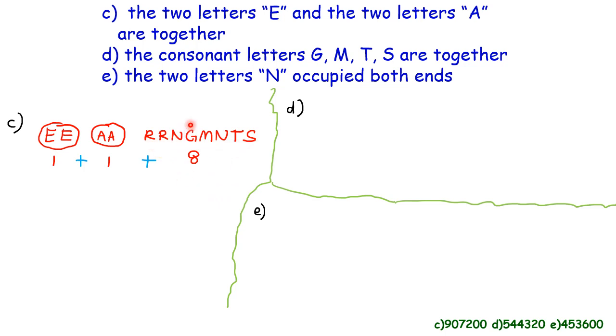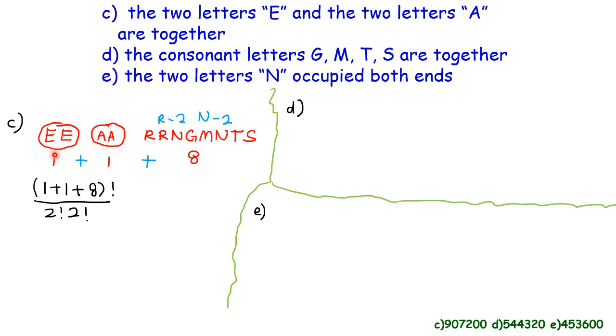From these 8 letters, we still have 2 similar R's and N's. So it means the total arrangement is 1 plus 1 plus 8, so it will be 10. It should be 10 factorial, and then divide by 2 R's and 2 N's. And don't forget, as I mentioned earlier, we don't consider dividing by 2 factorial for E's and A's, because we only consider them as 1.